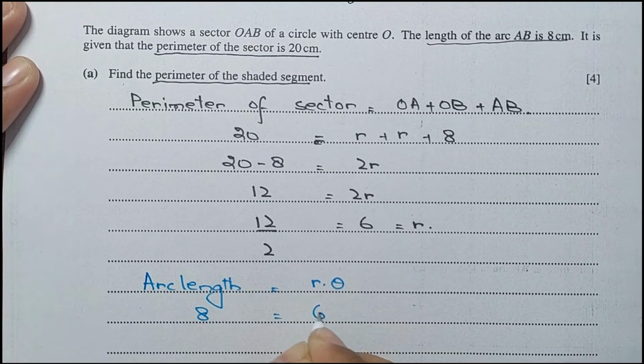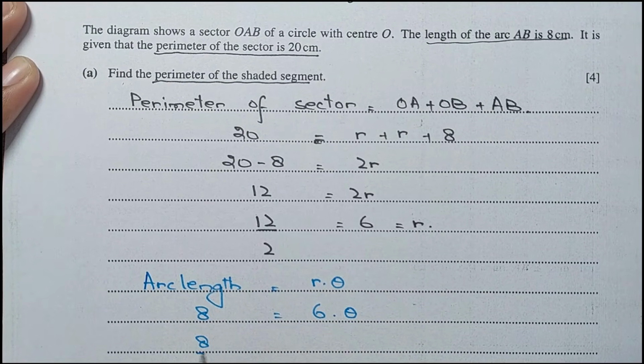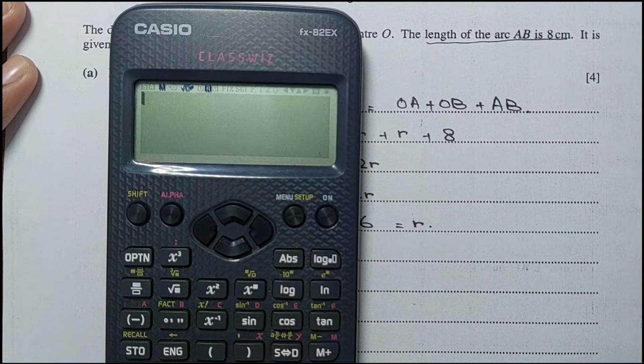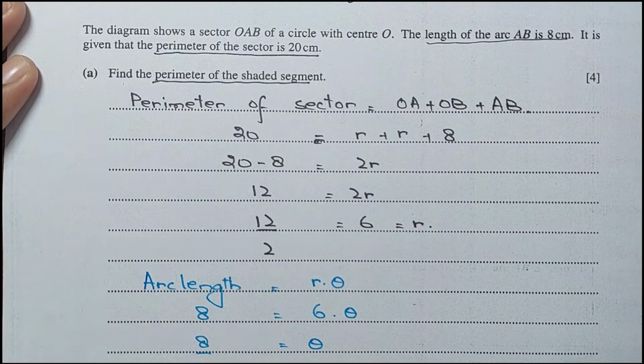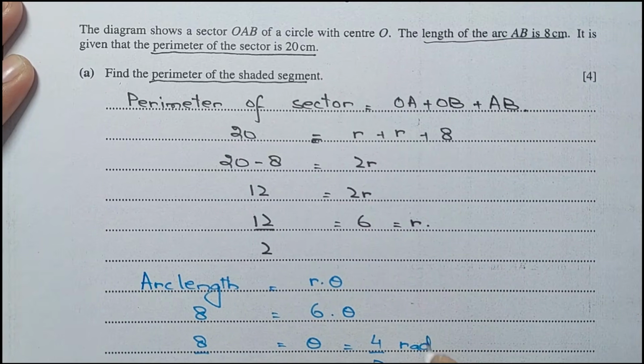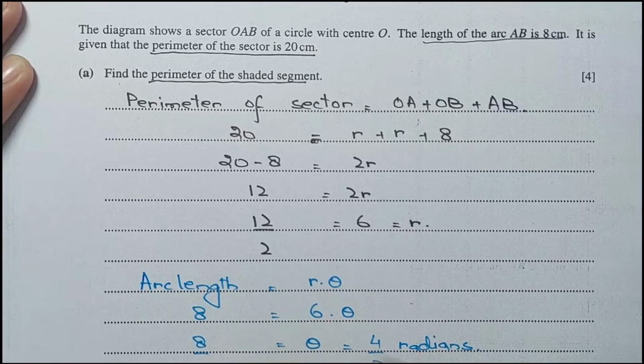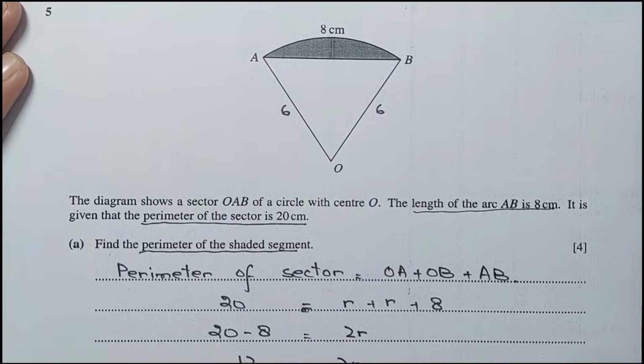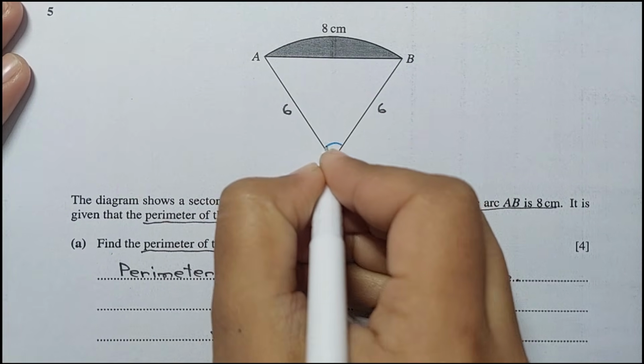We got the radius, which is 6, and we need theta. 8 divided by 6, let me simplify it, is 4 by 3 radians. 4 over 3 radians is your theta value. This is in radians because this formula is used for radians, not for degrees.